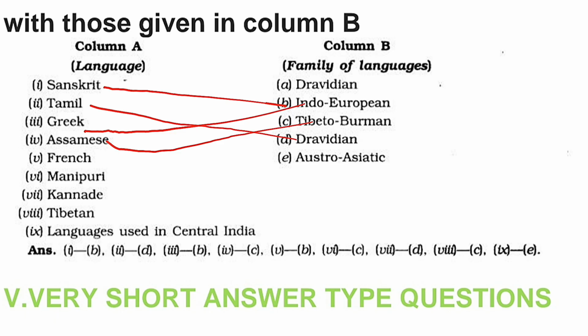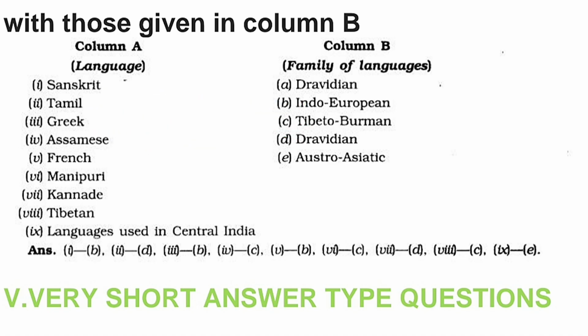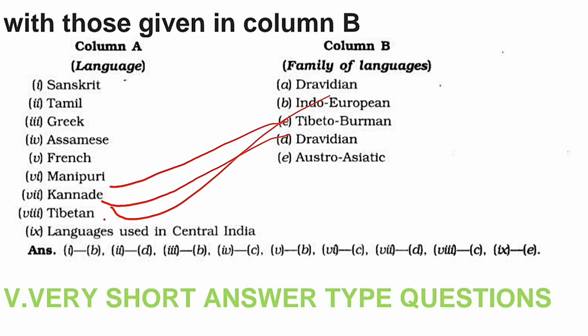Next is French. French is Indo-European. Okay. Next is Manipuri. Sixth is Manipuri, which is Tibeto-Burman. Seventh is Kannada. Kannada is Dravidian. Okay. Next is Tibetan. Tibetan is Tibeto-Burman.